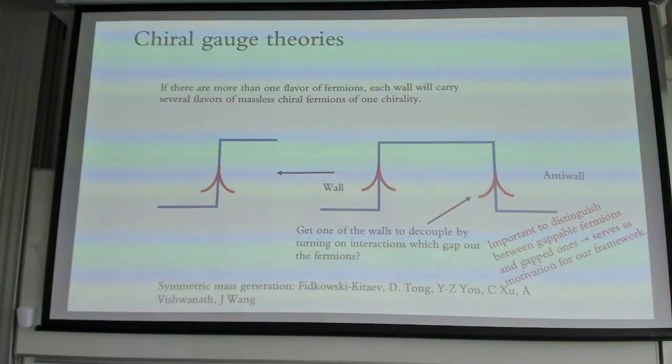So, for example, in the Fidkowski-Kitaev case, you have 8 fermions. You can gap them if you turn on interactions, and so in that case, the anomaly is just Z8. So it counts 8 gapless fermions, same as 8 gapped fermions. So I'm just trying to say that anomaly wouldn't tell you what I want to do here.